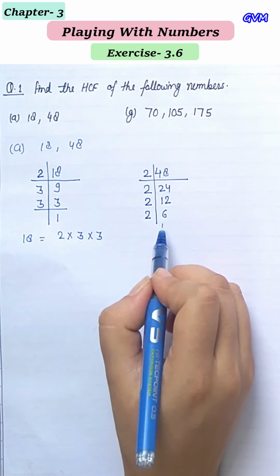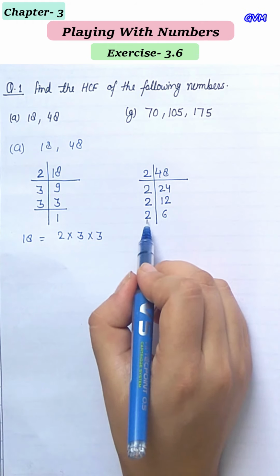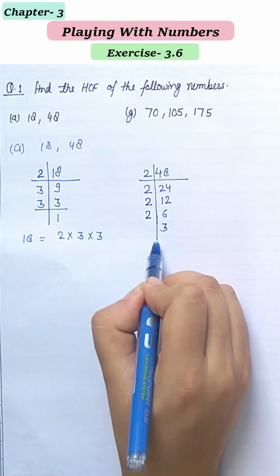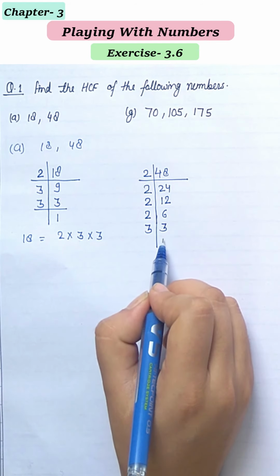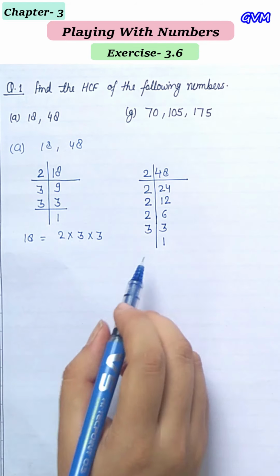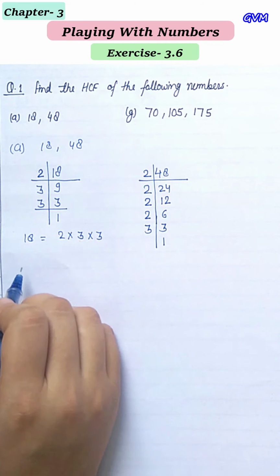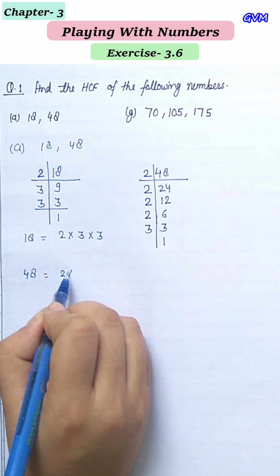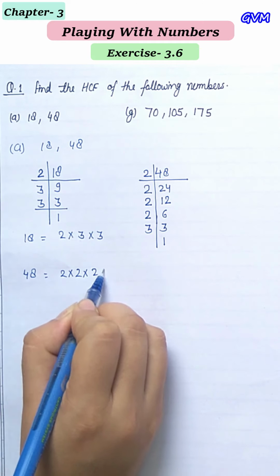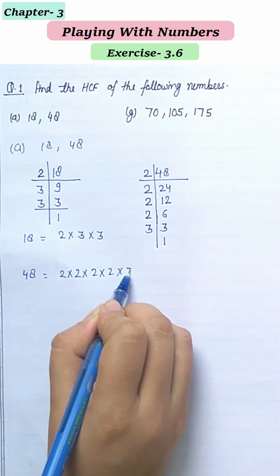Again it will divide by 2, so 2 3s are 6. Now we have 3, so 3 will divide only by 3, so 3 1s are 3. So the prime factors of 48 are 2 into 2 into 2 into 2 into 3.